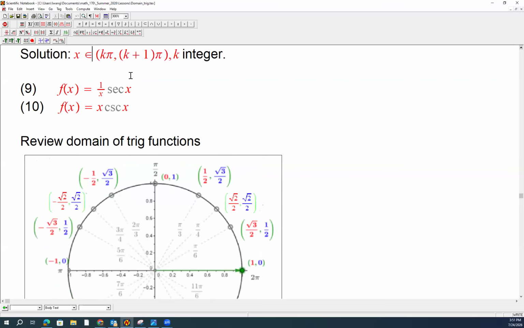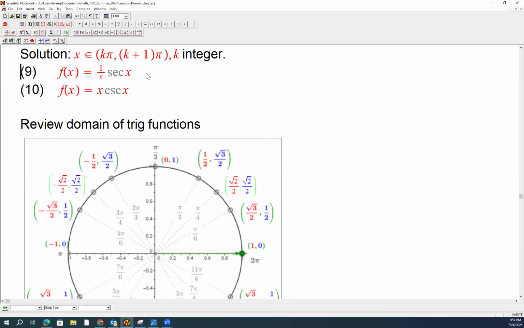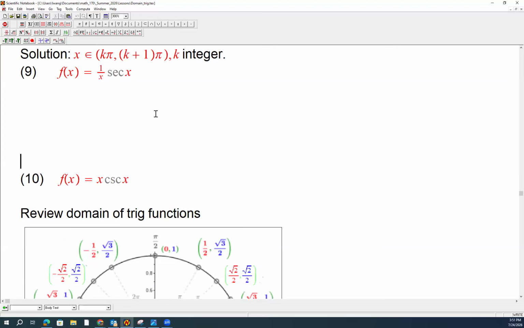These are the two more functions we get to work with, secant and cosecant. 1 over x requires x cannot be 0. Secant by definition is r over x, so the r cannot be 0.